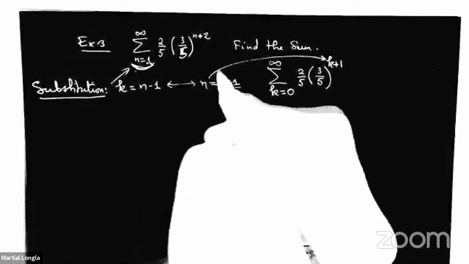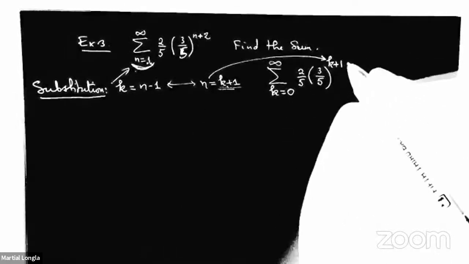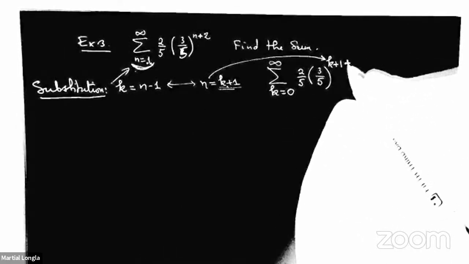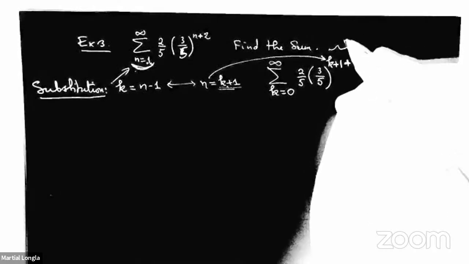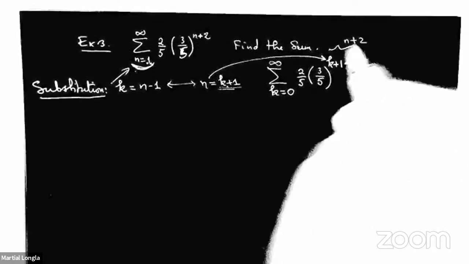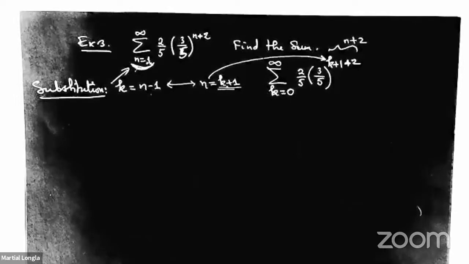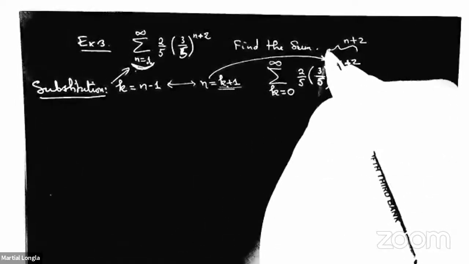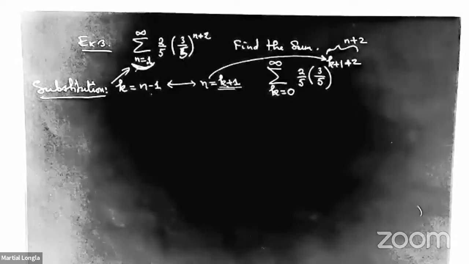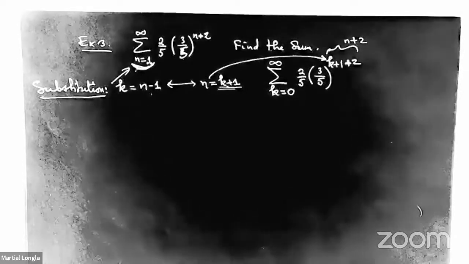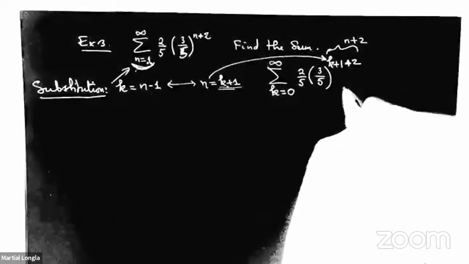And then you had a plus 2, so that plus 2 is still there. So here what you do have is n plus 2. So in this substitution, we replaced n by k plus 1, and we get this in the end.